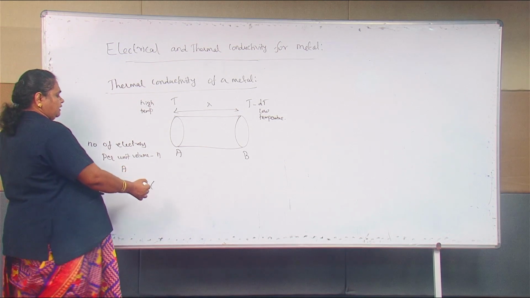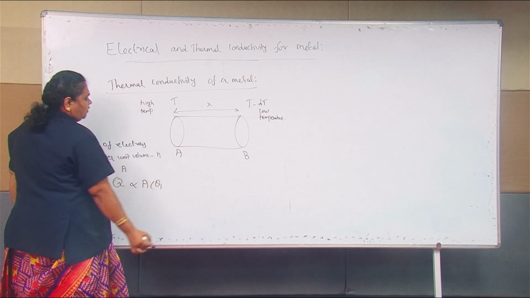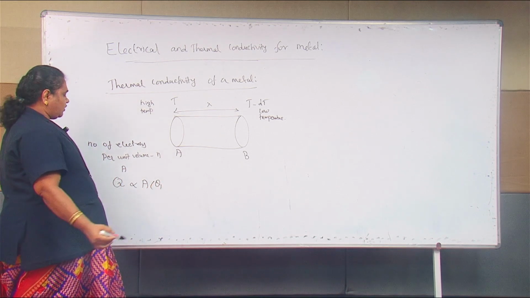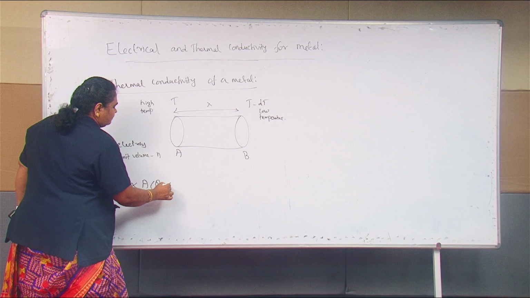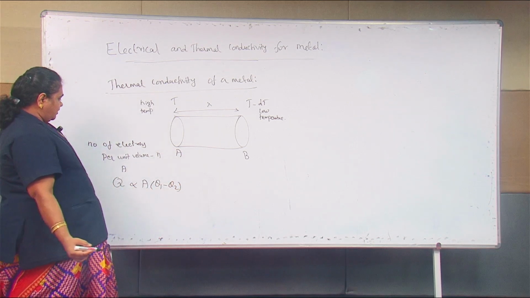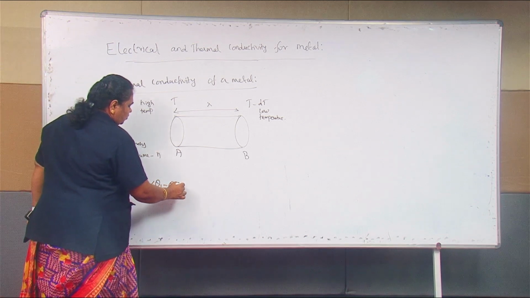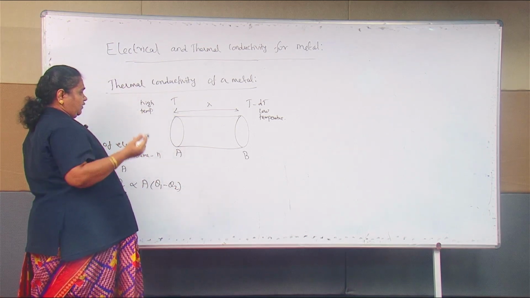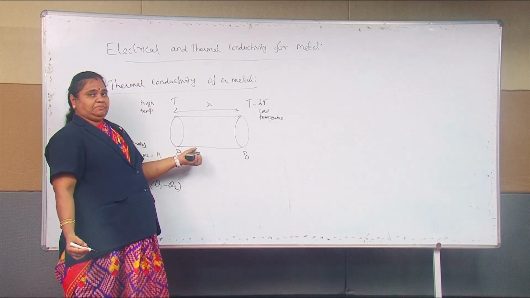For example, in general, theta 1 is maintained at one end of a conductor and theta 2 at the other end, so the difference in temperature is theta 1 minus theta 2.